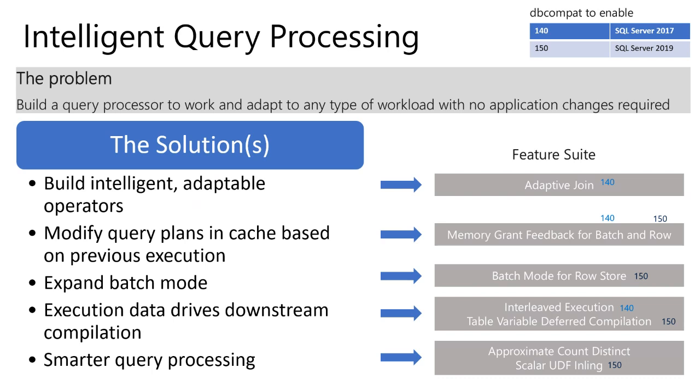You can disable it with a simple hint. Or if you just like to not use it at all, you can just change your compatibility level to 130, for example. It's as simple as just changing the compatibility level, and you have all these features right at your hand.